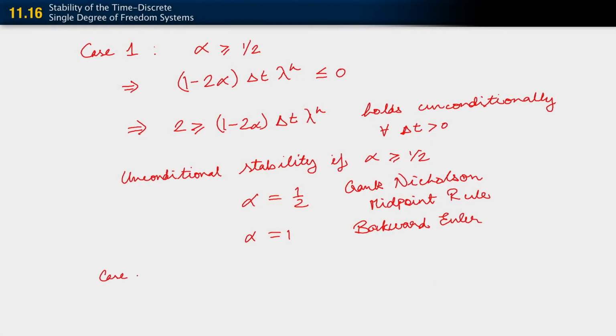Okay? Case 2 is the interesting one. Case 2 is that alpha belongs to 0 to 1/2, not including the 1/2, which is basically 0 is lesser than or equal to alpha is less than 1/2. This is the other case.